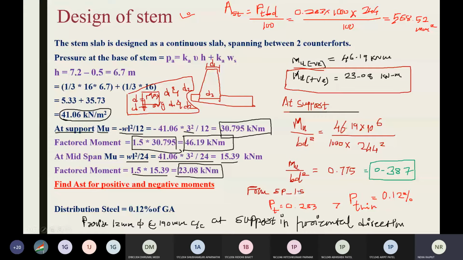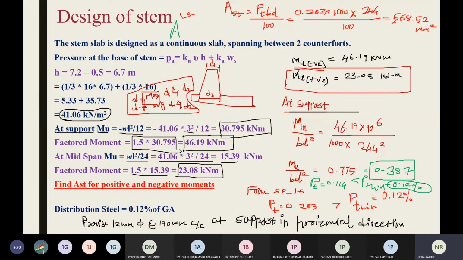So your pt for the mid-span is 0.114, which is not more than pt minimum. The pt minimum is 0.12%. So you need to provide at least 0.12% reinforcement at the mid-span. Right. So here we will consider 0.12%.